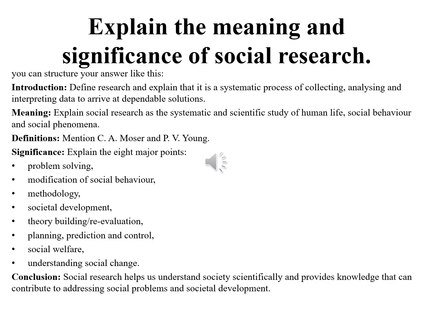It is also helping us to use the methodology. It is also helping us for societal development, understanding the theory, reevaluating the theory, planning and prediction and control, social welfare and understanding social change. So overall, social research helps us understand society scientifically and provides knowledge that can contribute to addressing social problems and societal development.